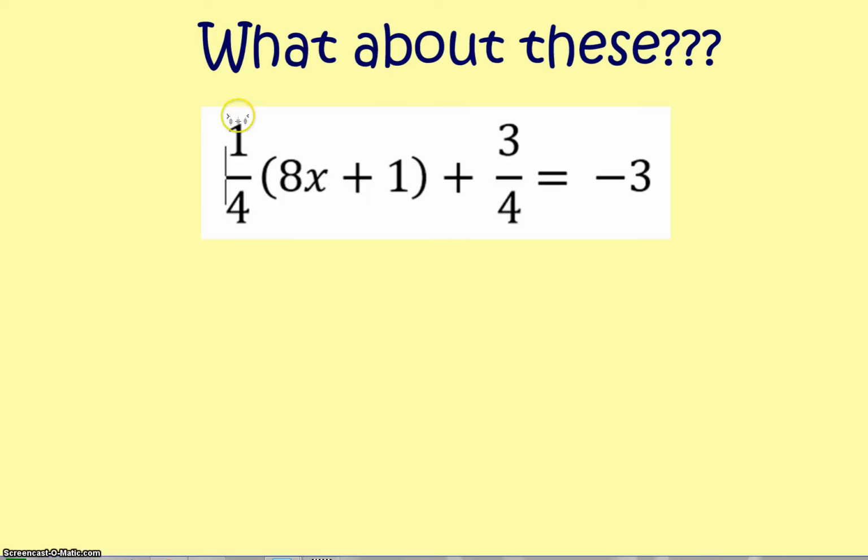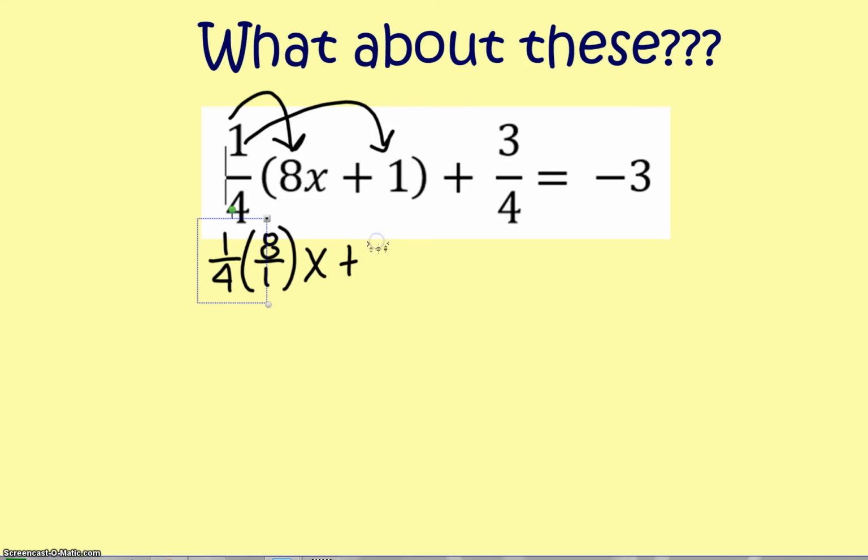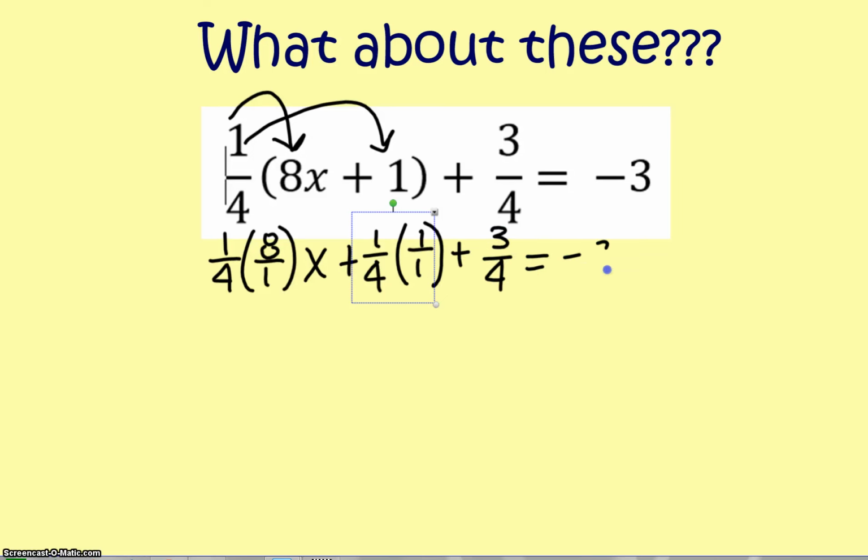Still distributive property, so 1/4 times 8x looks like 1/4 times 8 over 1 x plus 1/4 times 1 over 1, because a whole number written as a fraction is just the number written over 1. Because if you think about division, 8 divided by 1 would still be 8. Plus 3/4 equals -3.